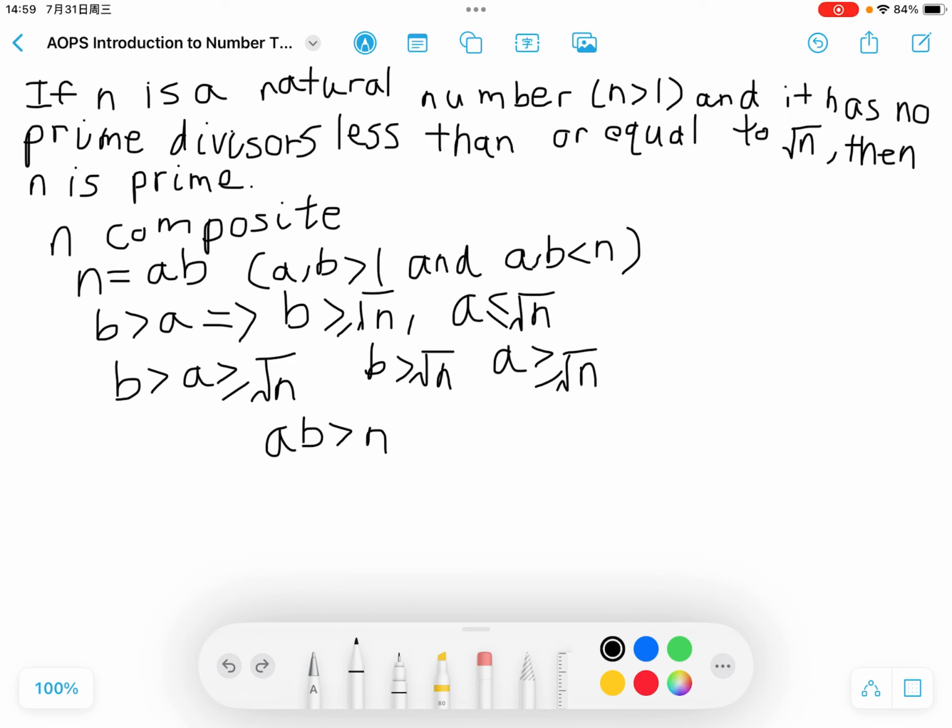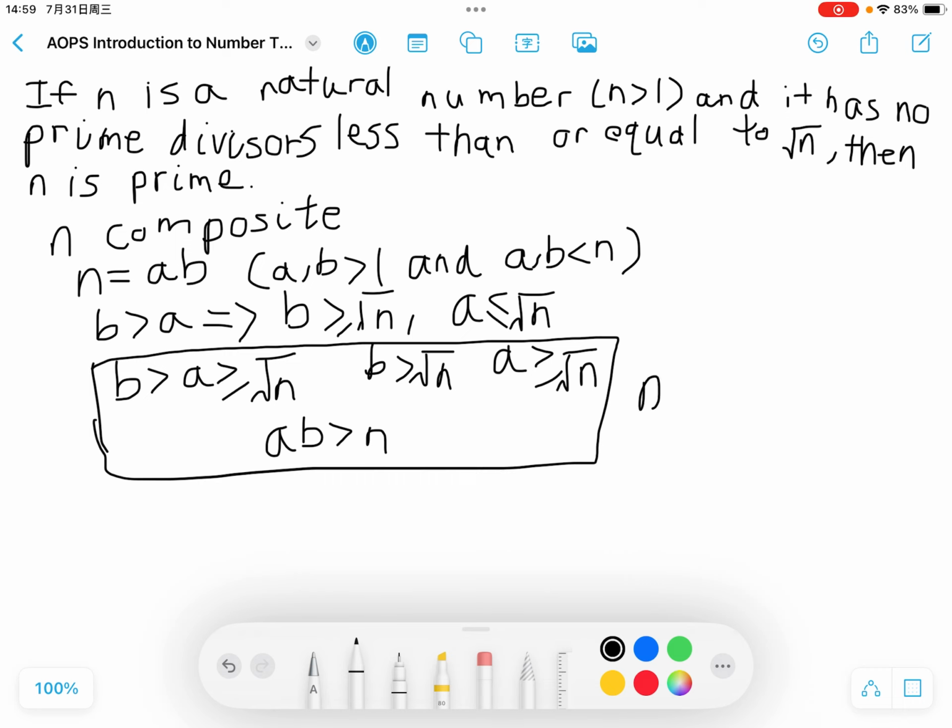Because root n times root n is n, and b can't be root n, it has to be larger, then a times b is going to be larger than n. Okay, so this contradicts our assumption of having n equals a times b. So this part is obviously not true. Let me just box this.